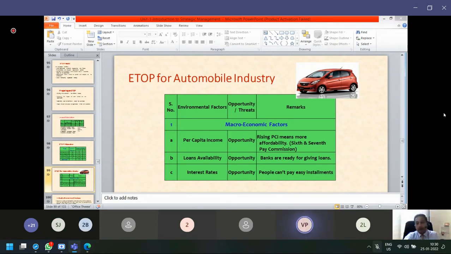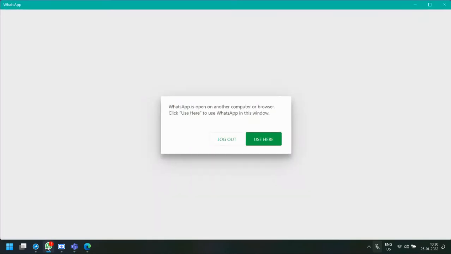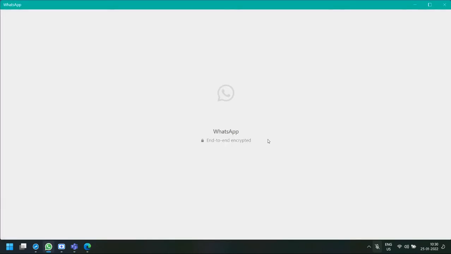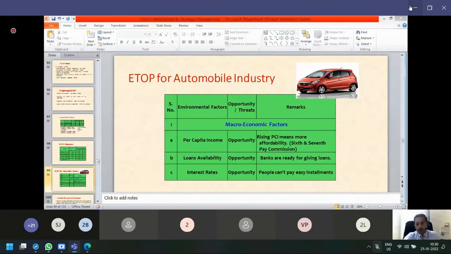Yes, sir. Then you see the second environmental factor, loans availability. Loans are available in abundance. As we calculated in the earlier slide, we found that the score is +1 or +2, so it is carrying a positive impact on the company's operations.